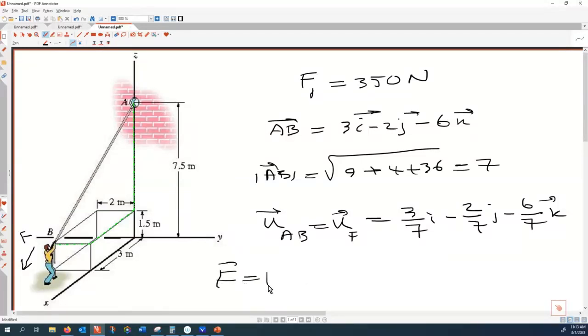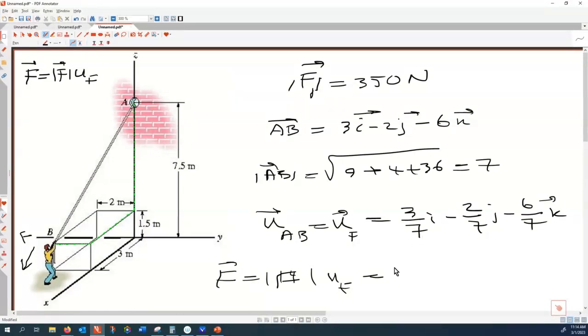The force vector is equal to the magnitude of F multiplied by the unit vector of F. We already know the magnitude of F. This is 350, and 350 divided by 7 is 50.